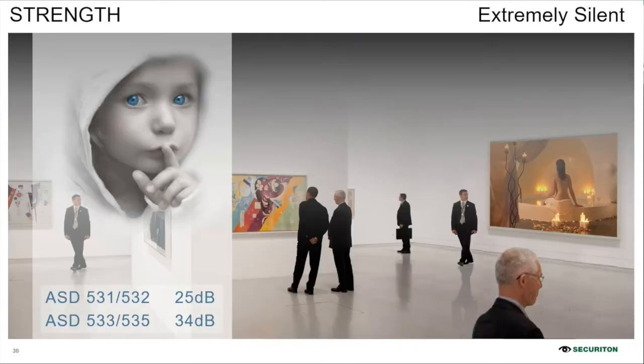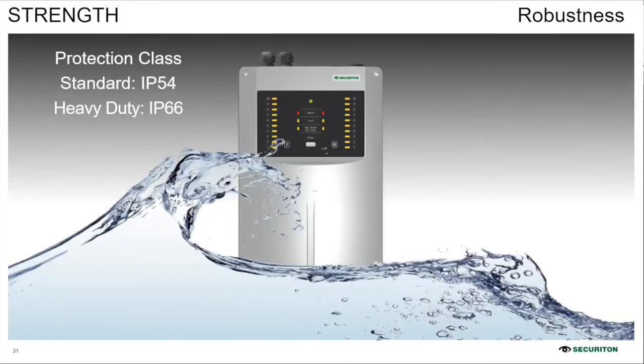The fan is whisper quiet, and believe me, it is extremely silent thanks to the fan dB values, which are 25 dB and 34 dB. It is robust, IP50. All the models are IP54, and if required, we have our HD models also available, which are IP66.